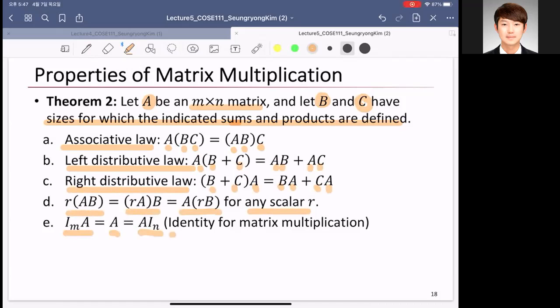So this is the identity for matrix multiplication. These are the properties of matrix multiplication.